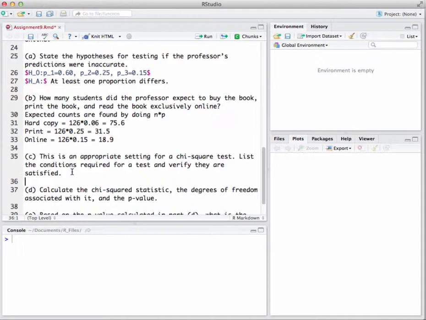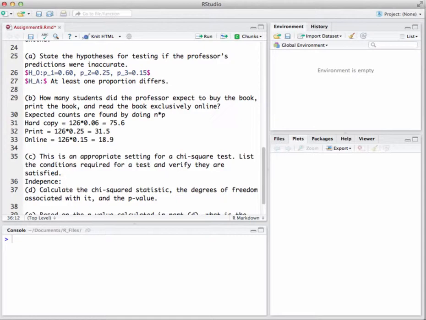Well, so the first condition that we have to satisfy is independence. And independence is going to be satisfied here. Why? Well, we have no reason to believe that one person's purchase is influencing the other one, or to the extent that it's going to damage our data.